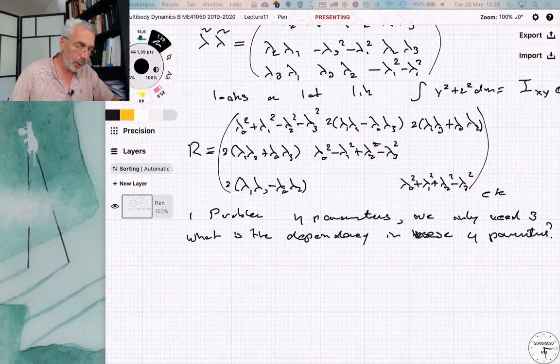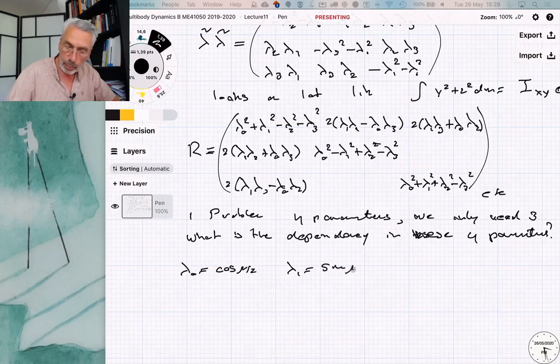Well, the dependency is super simple, of course. If you look at the definition, lambda 0 was defined as cosine mu over 2, and lambda vector was defined as sine mu over 2 times this unit vector. If I take the sum of the squares of these, what do I get?